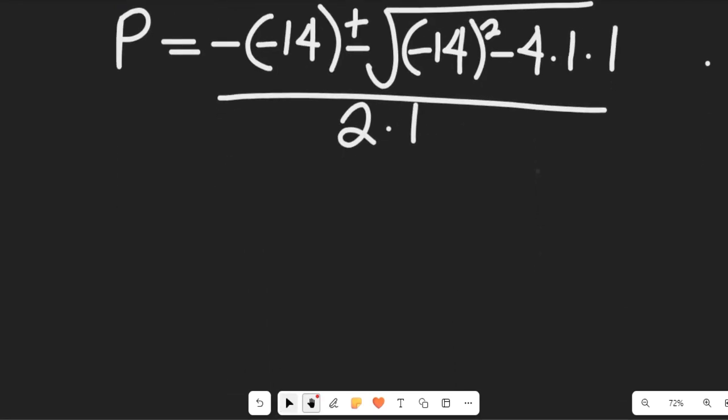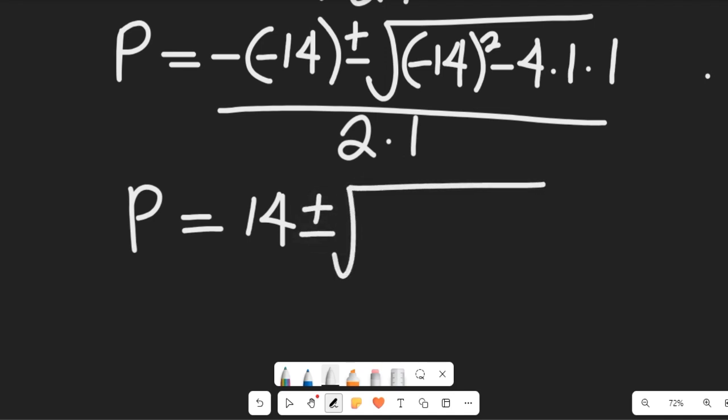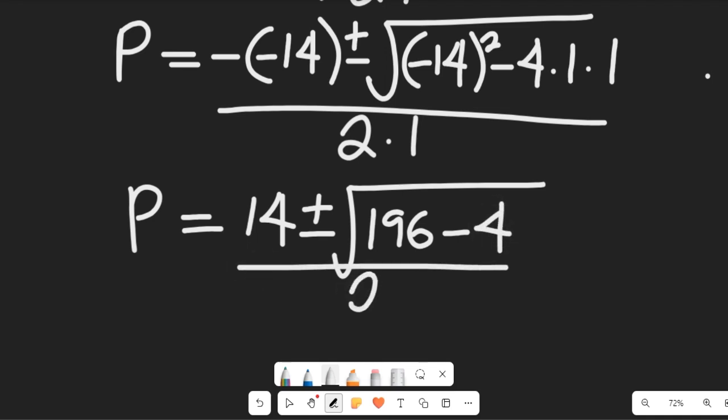So what do we have? We have that expression now become p equal to 14 plus or minus the square root of 14. Negative 14 squared is going to give us 196, right? 196 minus 4 times 1 times 1 is going to give us 4. All of these divided by 2.